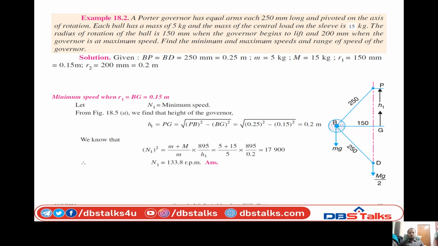The problem itself gives the speed variation: r1 is there, r2 is there. r1 is for lower speed, r2 is for maximum speed. Here what they are asking is the minimum speed and maximum speed. That is the thing we need to find out, that means N1 and N2. And the range means the difference between N1 and N2. With that we can get the information.